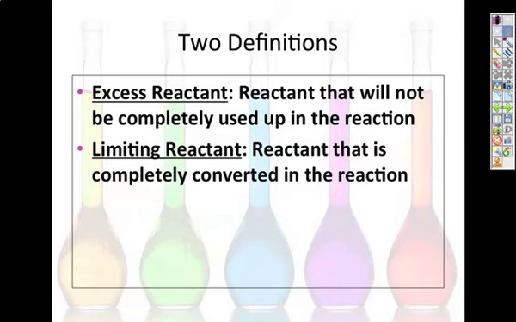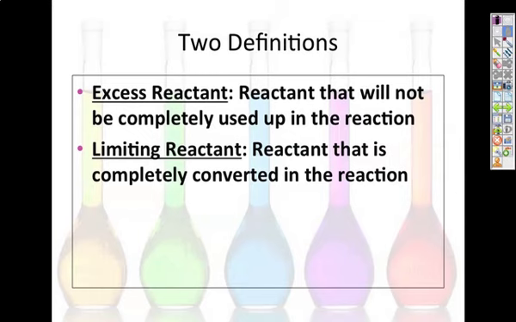First one, excess reactant. We already picked out the excess reactant in the last problem. So we've seen the application there. It's the reactant that will not be completely used up in the reaction. There's going to be excess of it in the reaction beaker at the end.